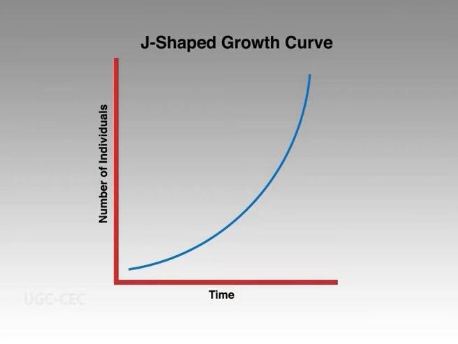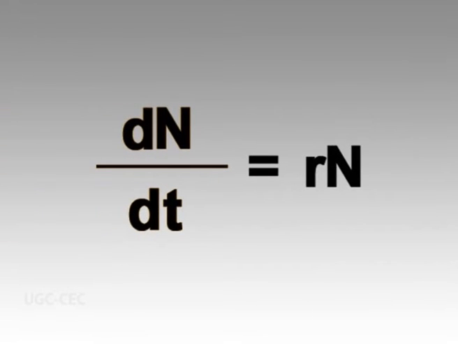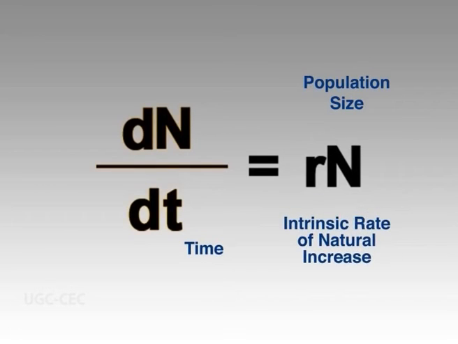Such type of growth produces a J-shaped curve, and this growth model can be expressed mathematically as rate of population increase with time t, that is dN/dt = RN, where N is the population size, t is the time, and R is the intrinsic rate of natural increase.